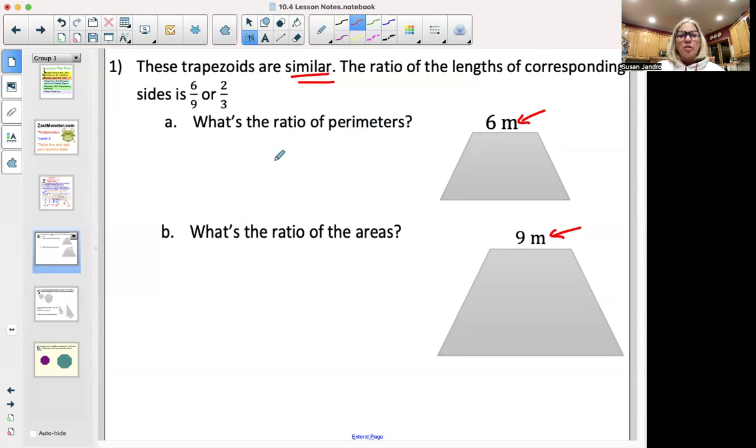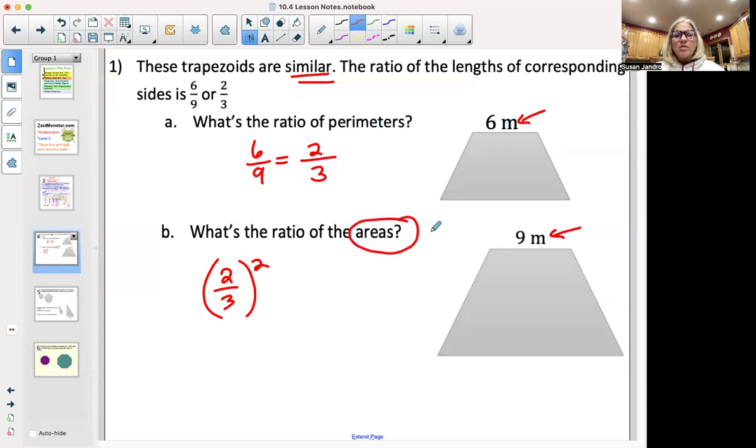What's the ratio of the perimeters? Well, that's the same thing. We just learned that in the last slide. So that's 2/3. What's the ratio of the area? Well, I'm going to start with the reduced one, and I square it. Think about area. Area is always the label squared. If the label is feet and I find the area, it's feet squared.